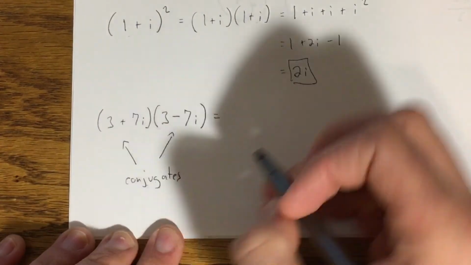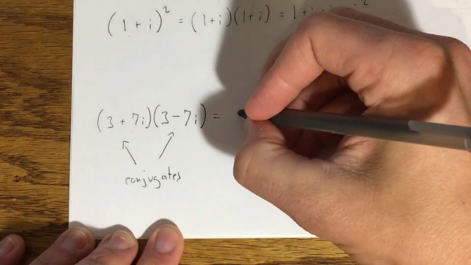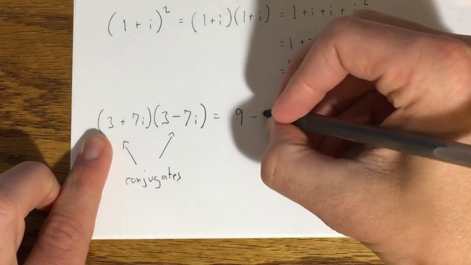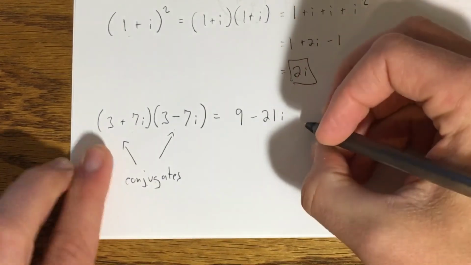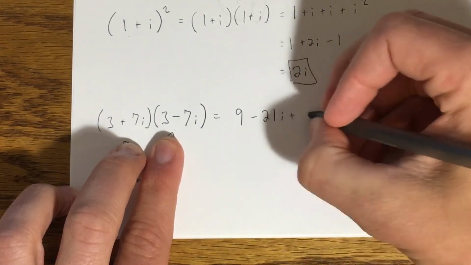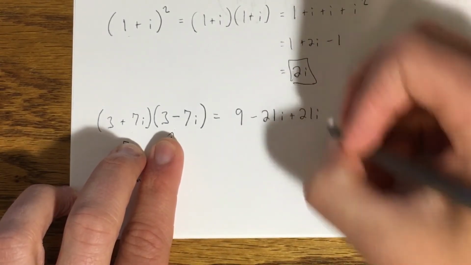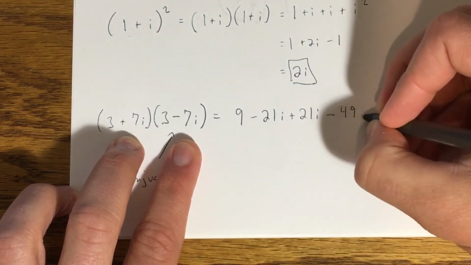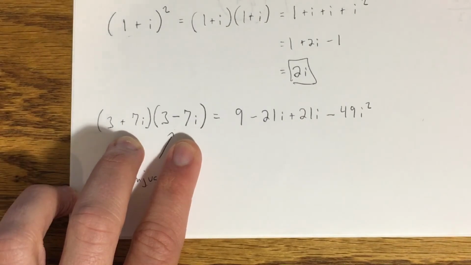If I were to FOIL this, I'm going to have 3 times 3, which is 3 squared, that's 9. 3 times -7i, which is minus 21i. 3 times 7i, which is plus 21i. And then 7i times -7i, that's minus 49i squared.